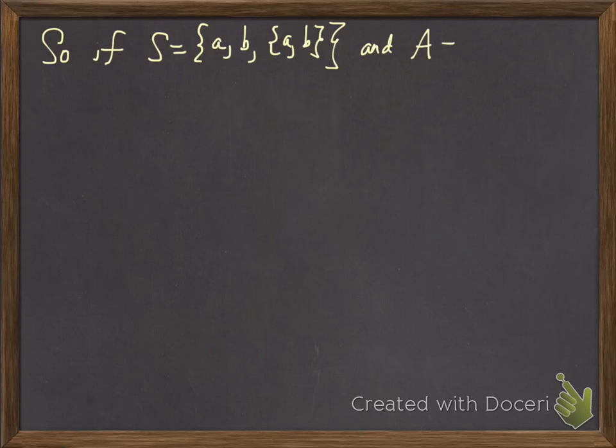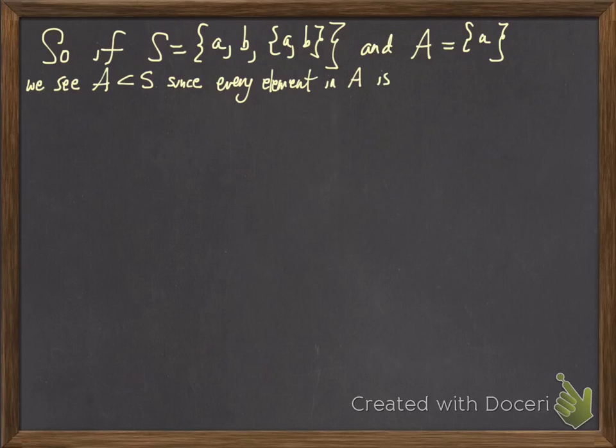All right, so for example, let's say S is the set containing, as before, a, b, the set containing a, b, and A is going to be the set just containing a. We see that A is a subset of S since every element in A is also in S. That's clear, right? What's in A? The element little a.